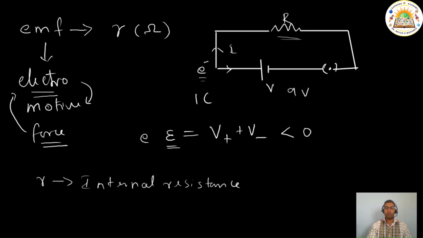So now we can have a look at our understanding of Ohm's law. Till now, we have taken Ohm's law as V equals IR. Since we have internal resistance, now we have to see how this is modified and how the EMF is going to come into this expression. Capital R we will take as the total resistance.